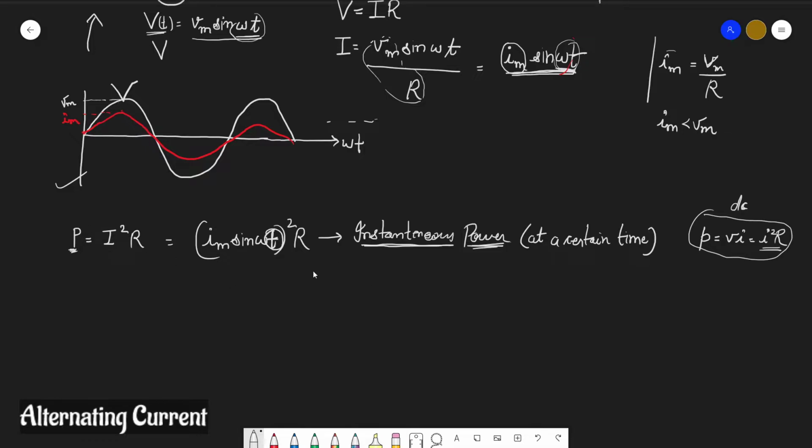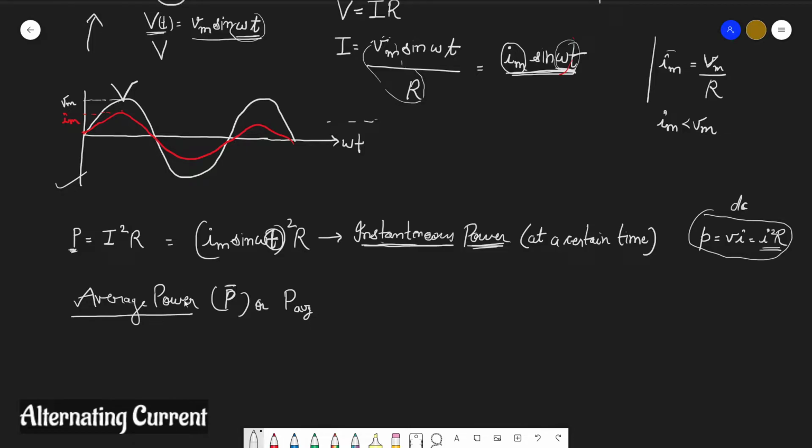In AC circuits, if anybody tells you to find the power in this AC circuit, generally he is not talking about instantaneous power. He is talking about a term known as average power, which is denoted by a bar over the letter, generally P average, or you can sometimes write it in the subscript like this.